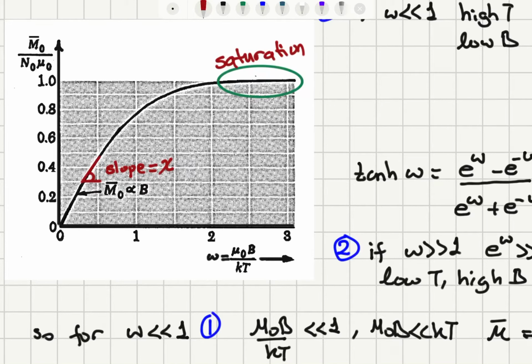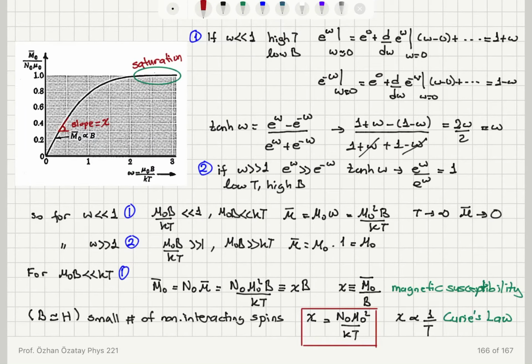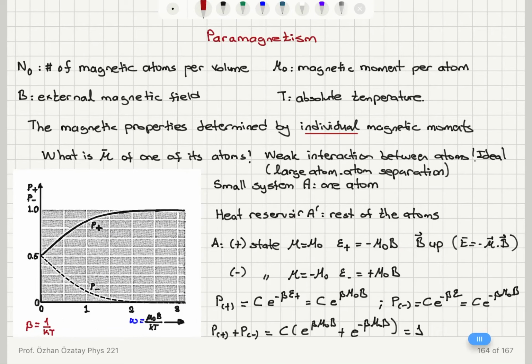And for low values of the magnetic field, we have a linear dependence on magnetic field. And also, the way the slope varies with temperature is 1 over T behavior. It's called Curie's law. So let's summarize what we said about paramagnetism.